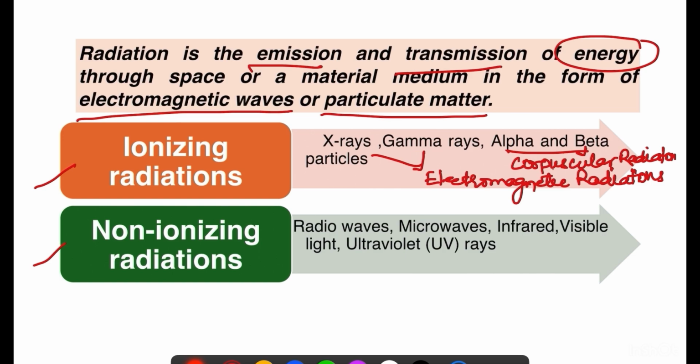The examples of non-ionizing radiations include radio waves, microwaves, infrared, visible light and ultraviolet rays.